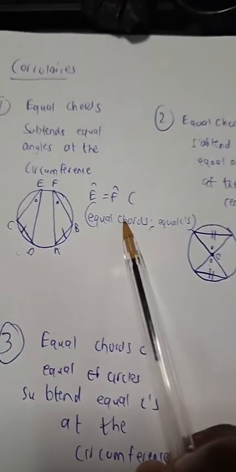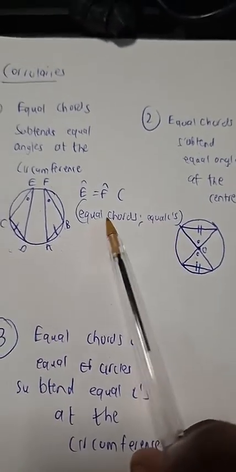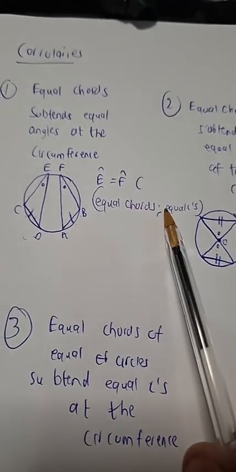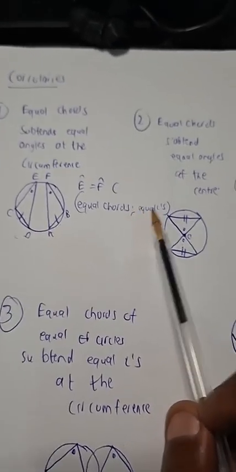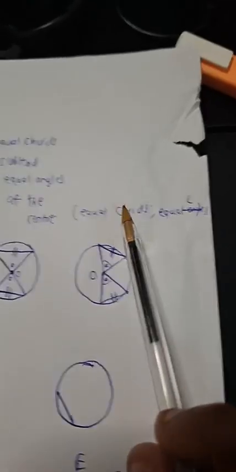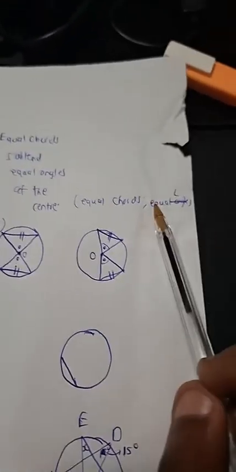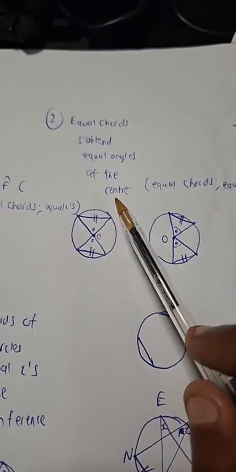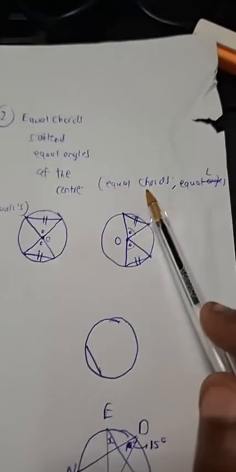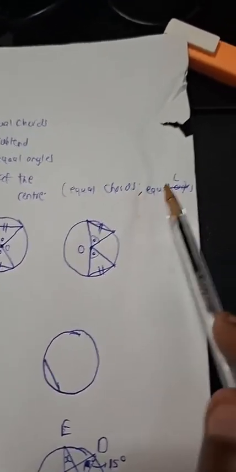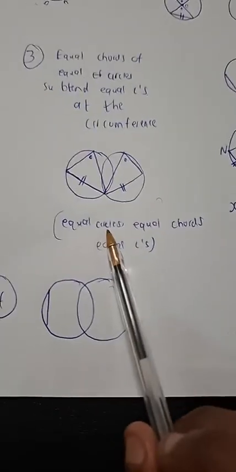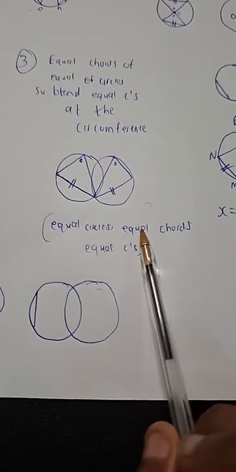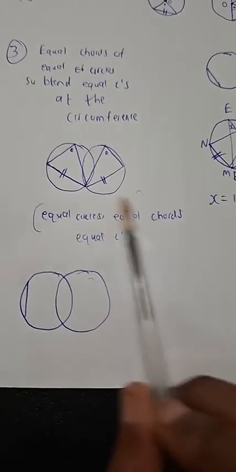So all I did, guys, was include the reasons as per the exam guideline for equal chords; equal angles. Also equal chords, equal angles. The one that says equal chords subtend equal angles at the center is also the same reason: equal chords, equal angles. Then last but not least, equal circles, equal chords, equal angles as well.